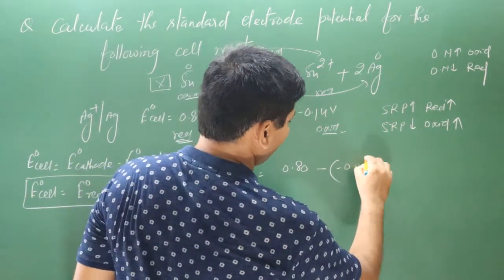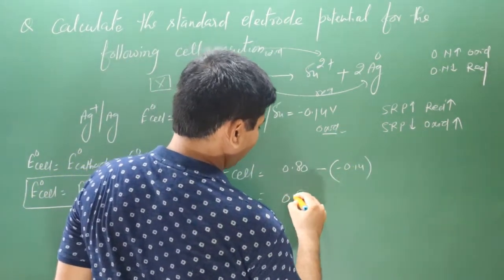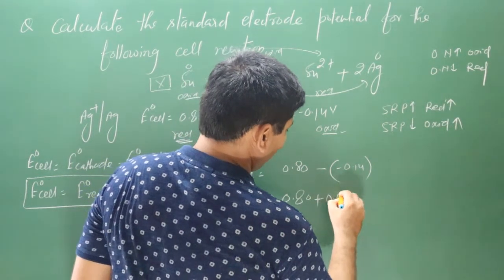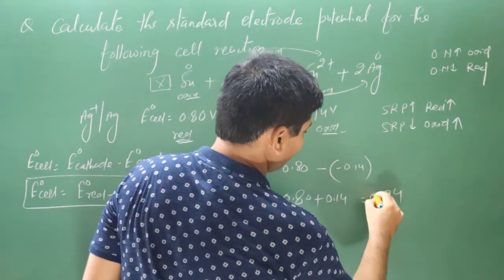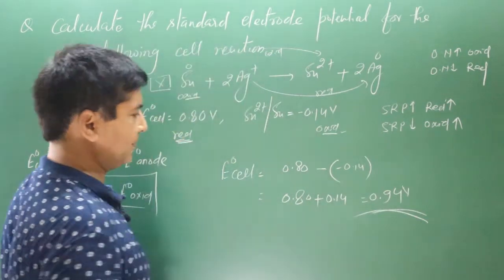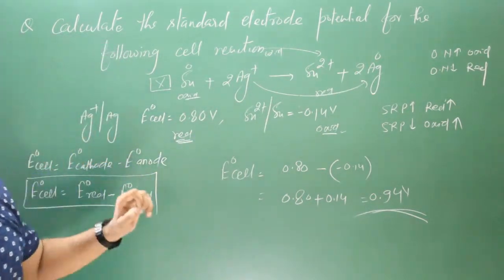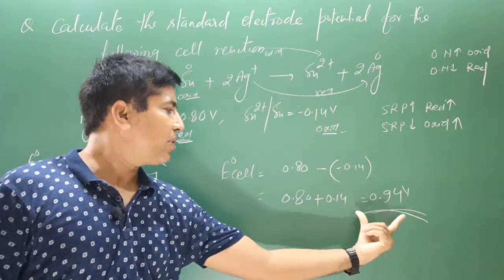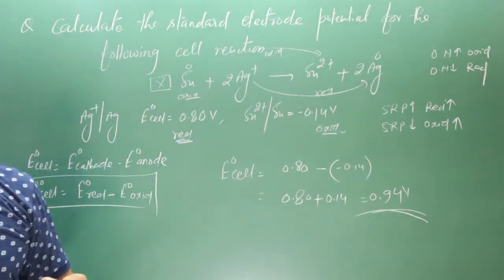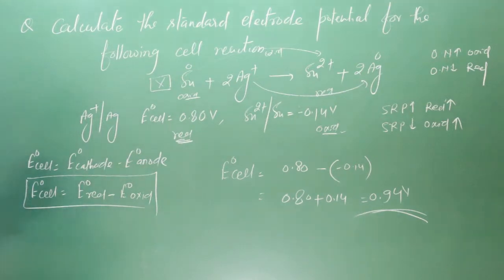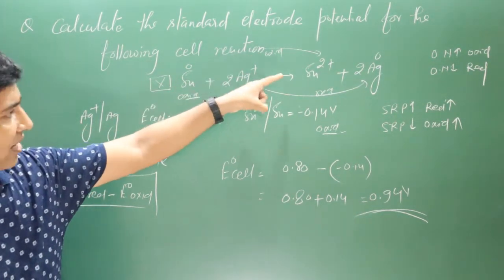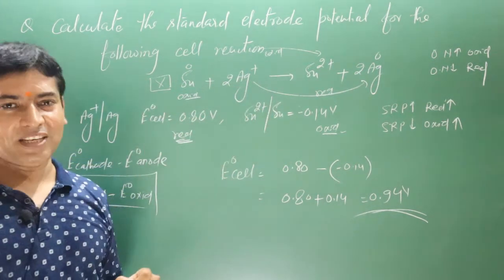Minus 0.14. Simplify, 0.80 plus 0.14, it is 0.94 volt. So for this overall net cell reaction we have standard electrode potential value 0.94 volt. Always keep in mind it is the potential difference between these two half cell reactions.